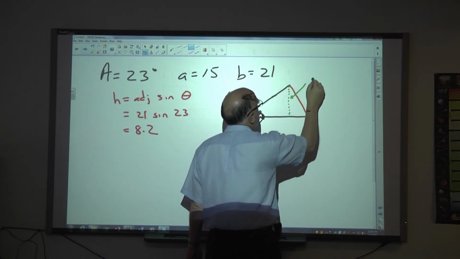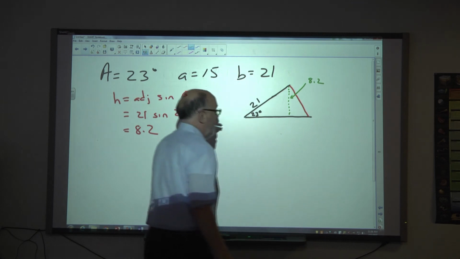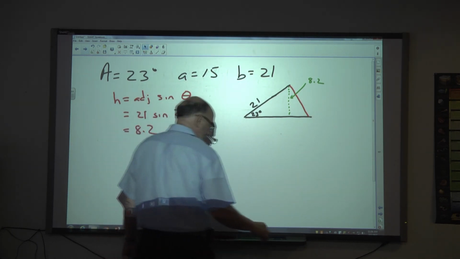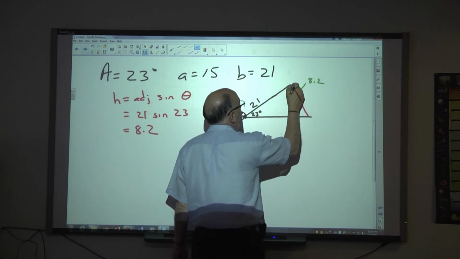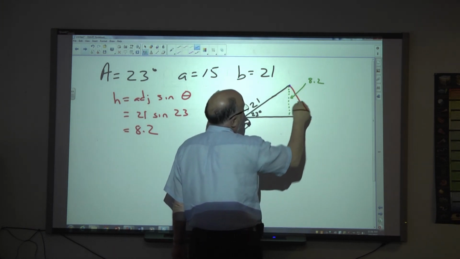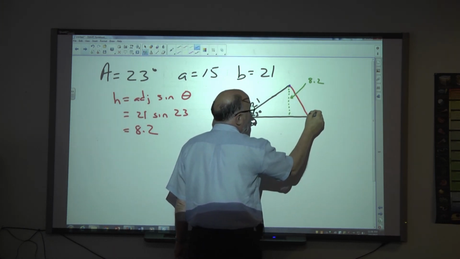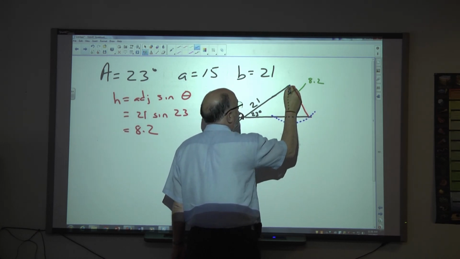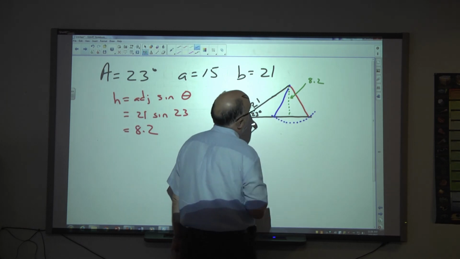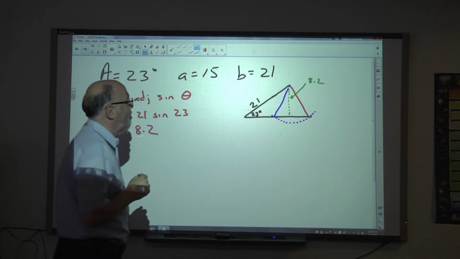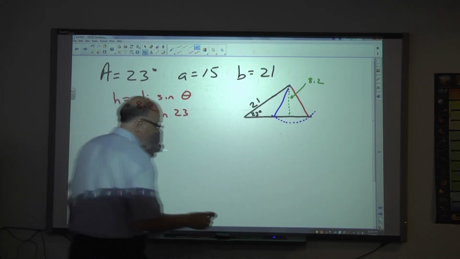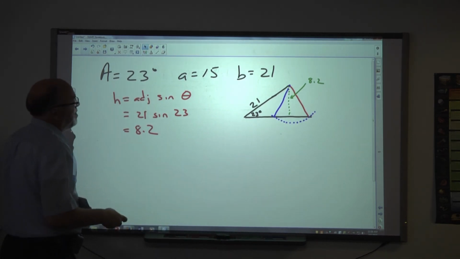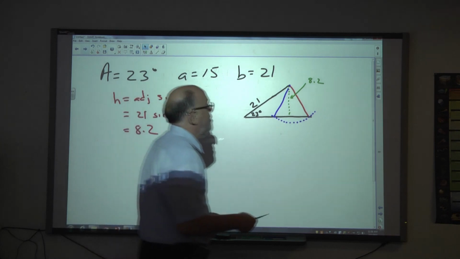But if you think about this point here basically being a hinge, I can make a triangle that looks like this, but I also could make a triangle where it's going like that. And so there are two possible ways of making that triangle. And so we need to find all the information in regards to both possible triangles.